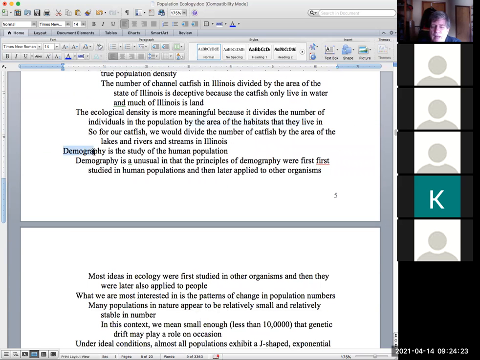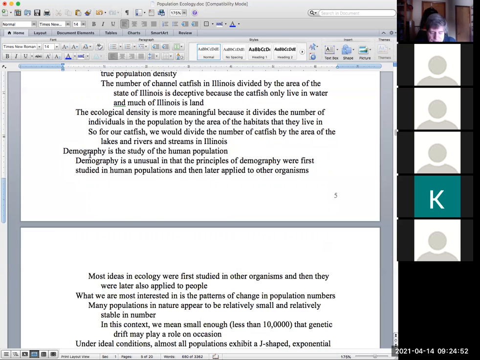So now let's think about demography. Demography is actually the study of the human population. And compared to almost everything else that we will talk about in ecology, demography is very different. Demography was first studied in terms of the human population.